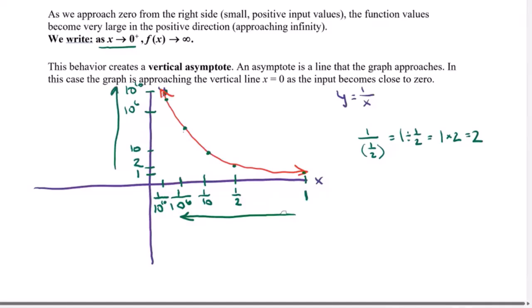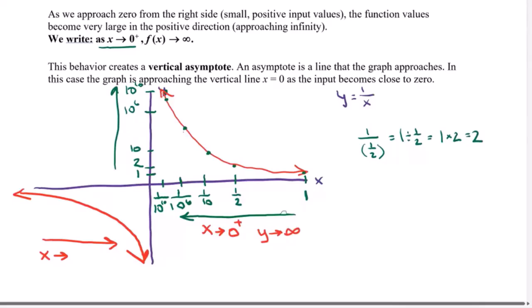And the same thing is true in the negative direction. Everything I put in here would be negative, and I would have a graph that would do the same thing, just it would go negative because all my values would be negative, right? So as x approaches 0 from the positive side, y approaches positive infinity.